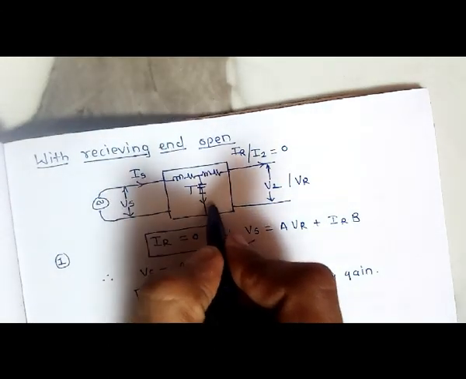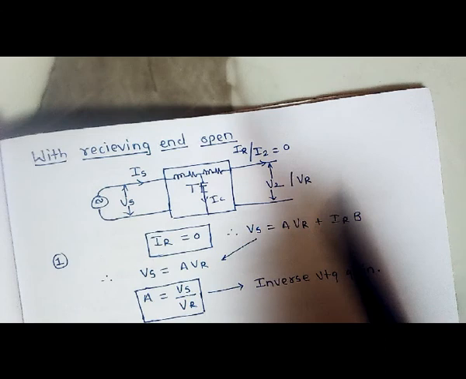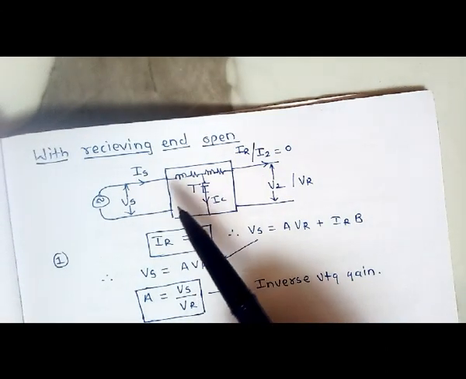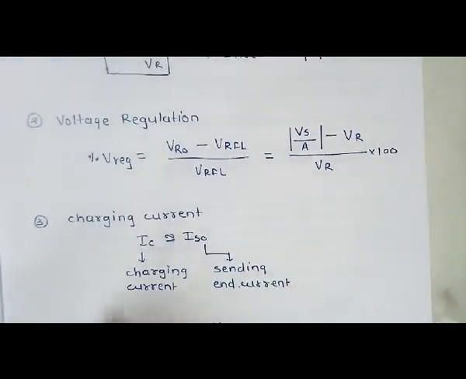So the shunt capacitor current IC is given by IS, because the current has no other direction to go. So the charging current will be approximately equal to the sending end current.